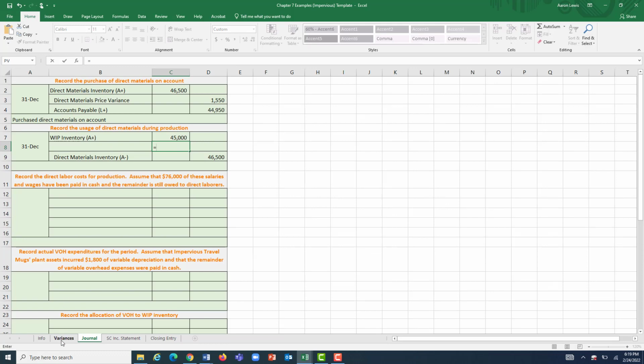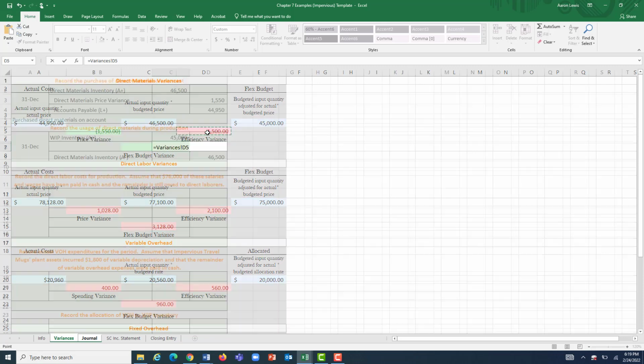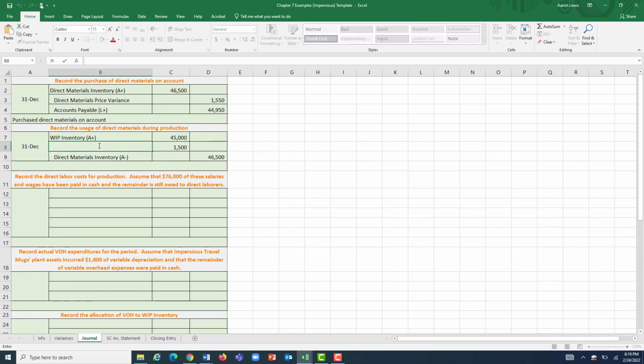So what's going to make my debits equal my credits is a debit for this unfavorable variance to our direct materials efficiency variance. And in this entry, we recorded direct material usage.